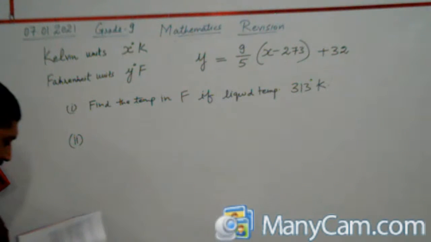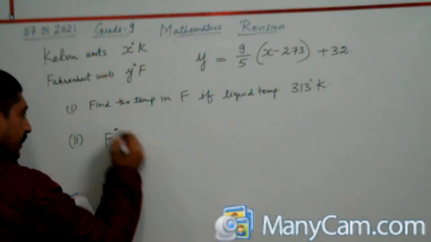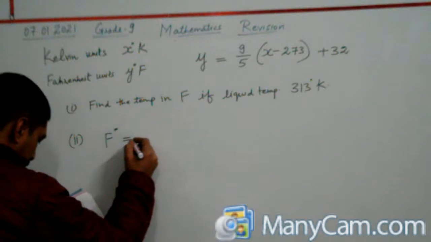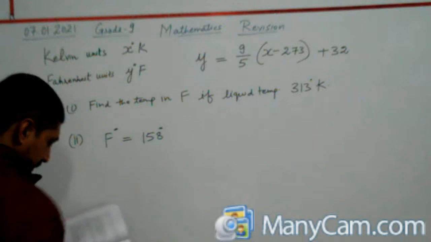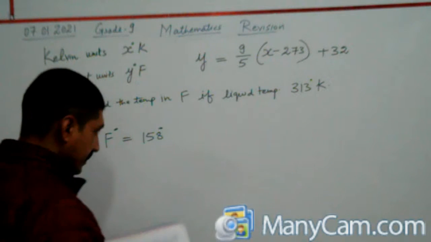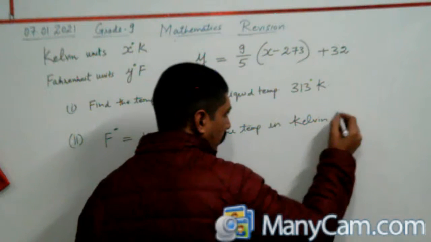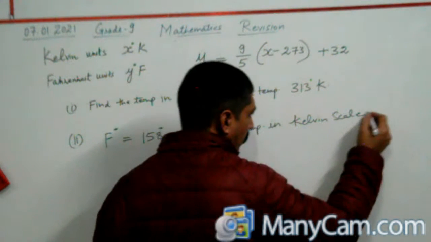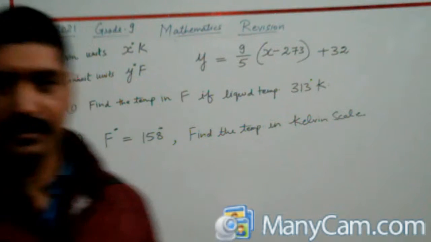Second is, if the temperature in Fahrenheit is 158 degree, find the temperature in the Kelvin scale.